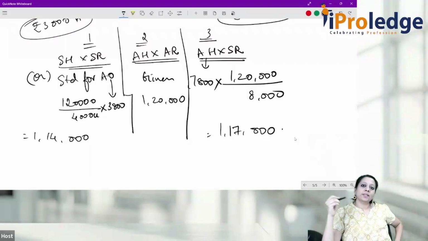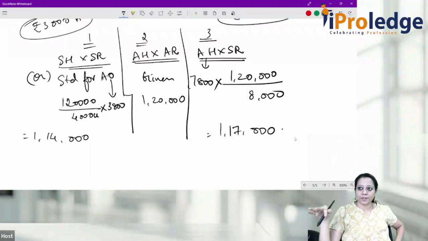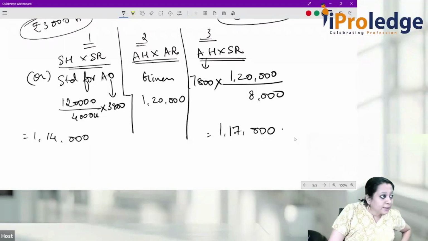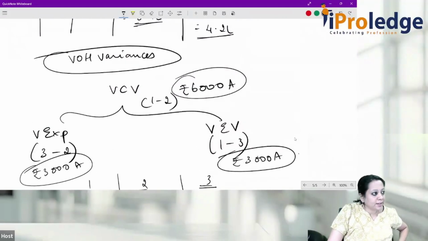So with this, you see where you're standing in standard costing. Accordingly, you will increase the number of questions or you can stick to this number of questions for practice. This chart on FOH is written.